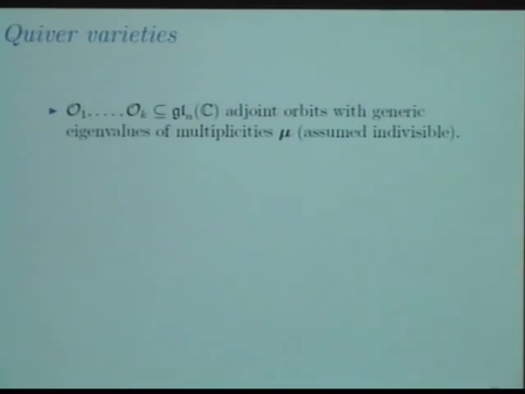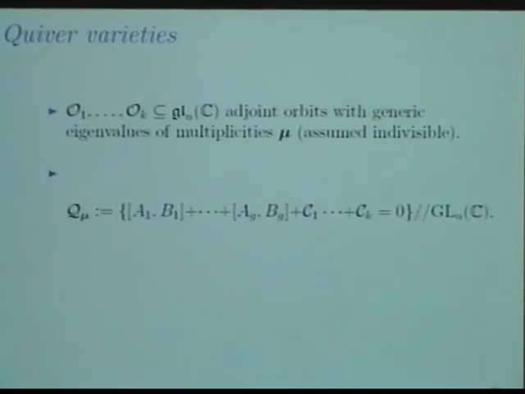Now, there's a technical thing here: we need to assume that mu hat is indivisible, so there's no common factor to all the entries, to guarantee there exists a generic choice. And then you define Q mu hat as essentially the same version of the character variety, but now in an additive form. So here the brackets now mean simply the Lie algebra bracket, so [A,B] is AB minus BA.